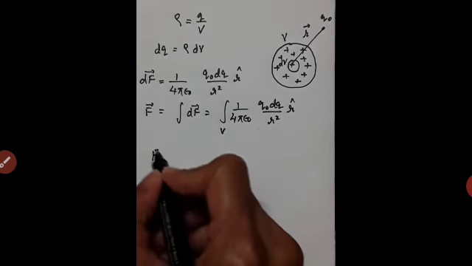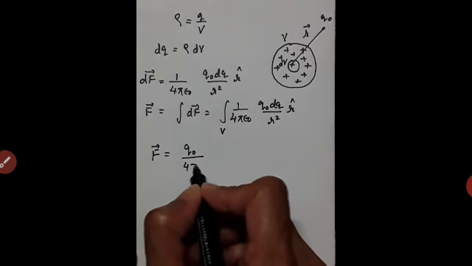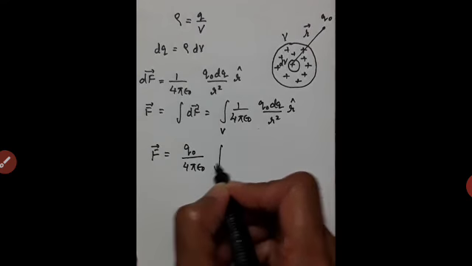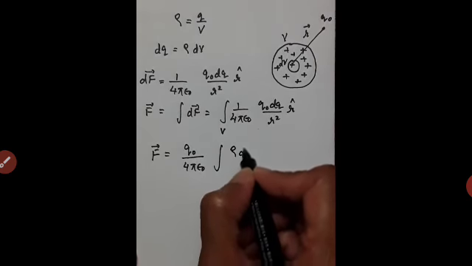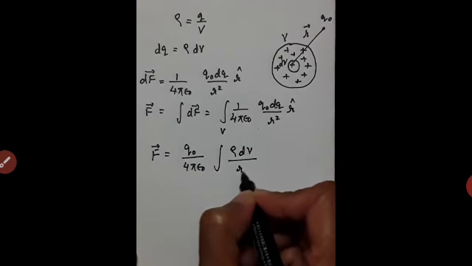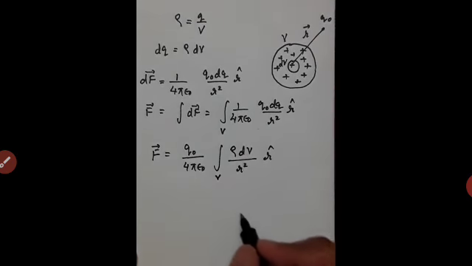So we take the constants out and the form is now Q naught upon 4 pi epsilon naught, integral of dq. I will write dq as rho dV upon r square, unit vector r, integration done over the complete volume. So these are the equations of the force due to linear charge distribution, surface charge distribution and volume charge distribution.